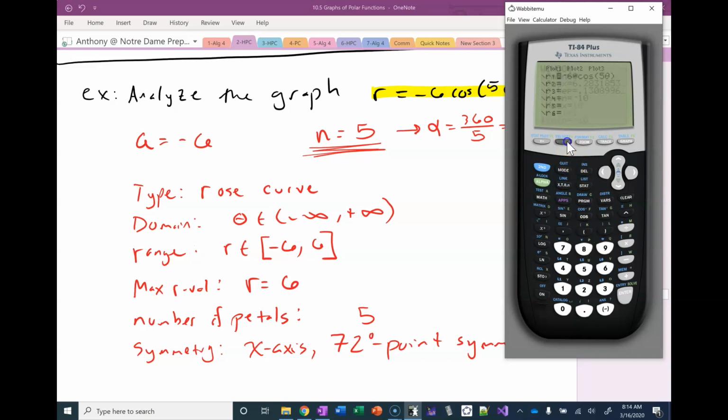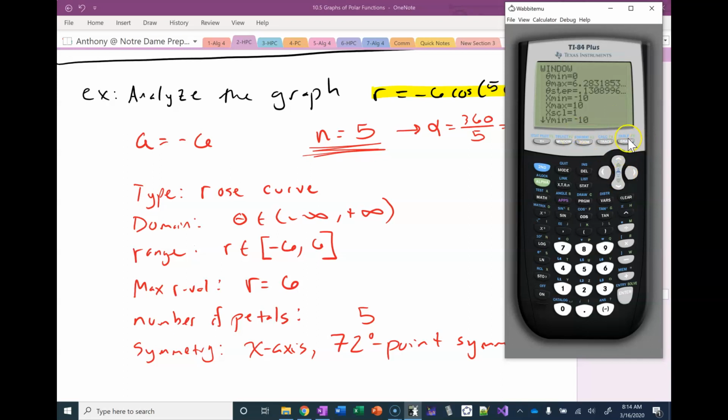I'm going to go ahead and set my window. For theta, even though the domain is -infinity to +infinity, we know that the period for cosine is just 0 to 2 pi, so I'm fine with that. And then I just did a normal square window, so x is -10 to +10, and y is -10 to +10 also.